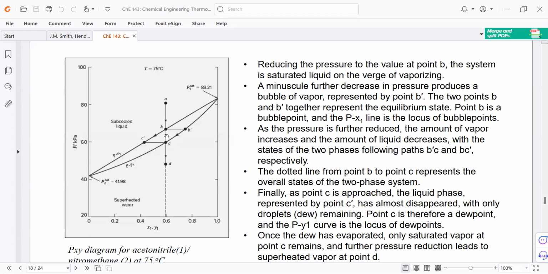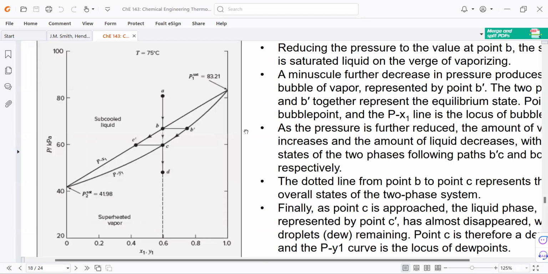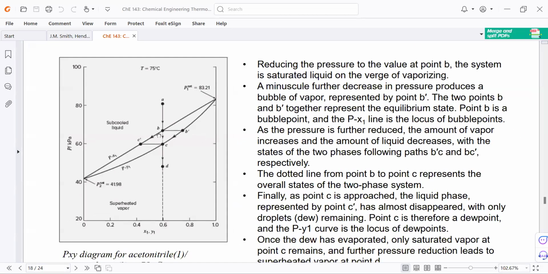As we reduce the pressure further, the amount of vapor increases. Okay, so as we go down, the amount of vapor increases and the amount of liquid decreases. Okay. So as you can see, the nearer we are to a line, that means the higher the amount of the phase of that line.